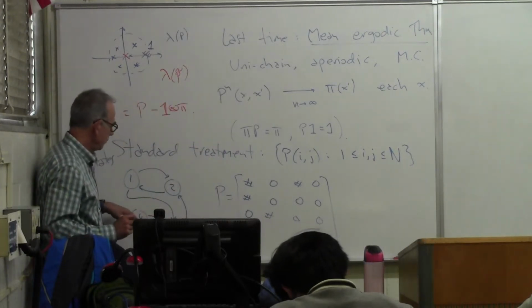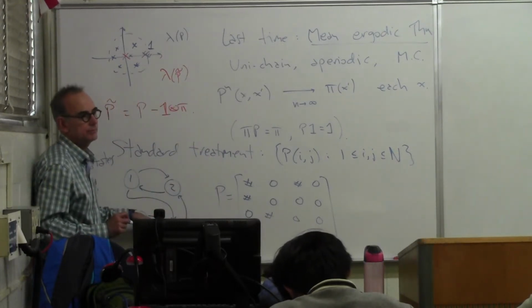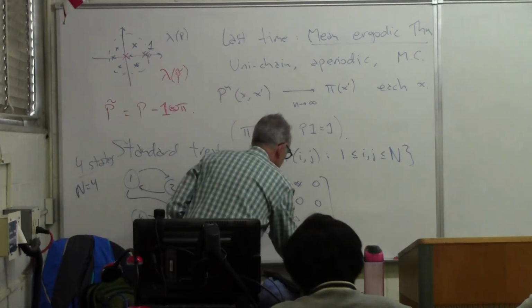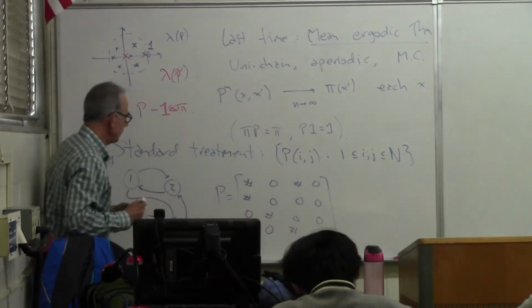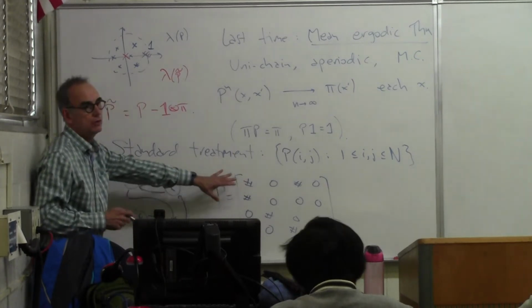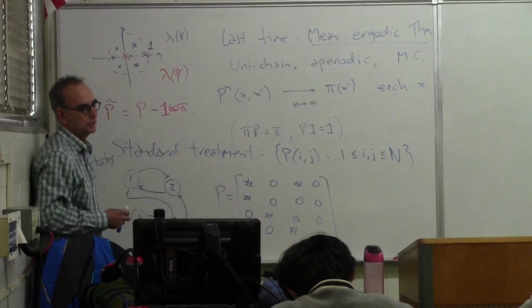And then from 4, I can get to 3. All right. So given the graph structure, you know the structure of the transition matrix, but you don't know the numerical values.